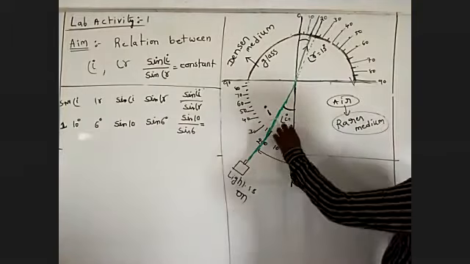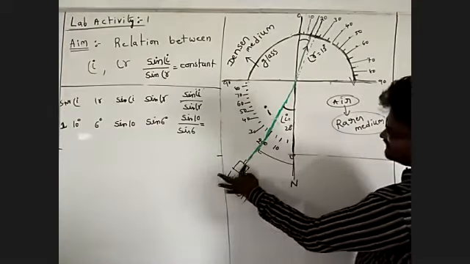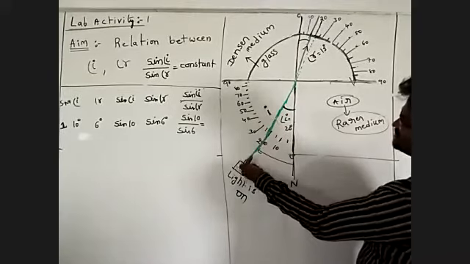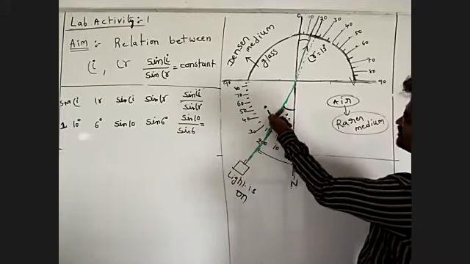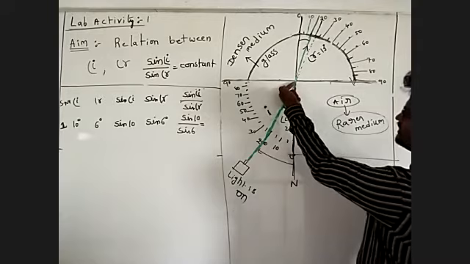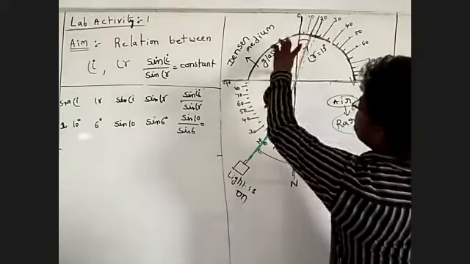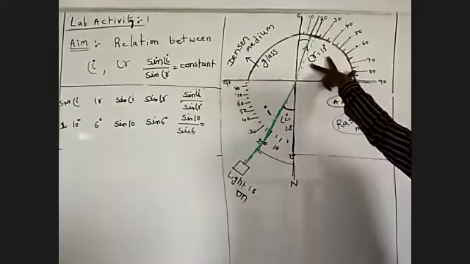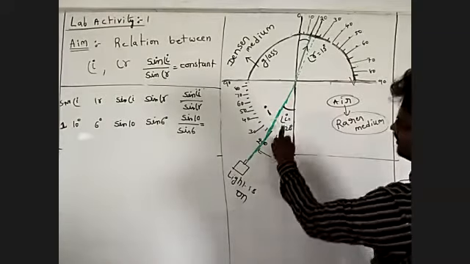Here the angle of I is equal to 20 degrees. Light is passing through 20 degrees. This beam of light is traveling towards another medium. The refracted ray passes through 15 degrees, and the angle of I is equal to 20.